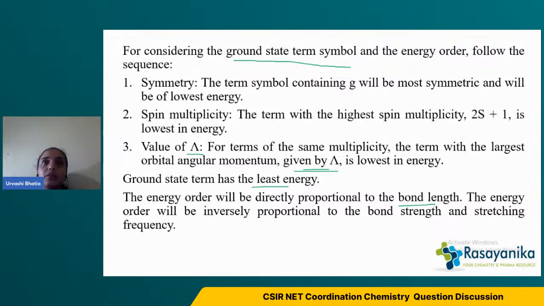As you know, if the electron goes to the anti-bonding molecular orbital, the bond becomes weak. The energy order will be inversely proportional to bond strength and stretching frequency. Stronger is the bond, stronger will be the stretching frequency that we study in IR, infrared spectroscopy.